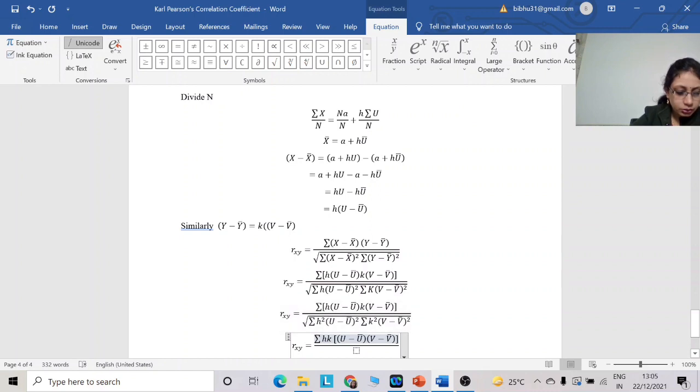Okay, so here now summation h square, summation k square, if we take the root over, it will come as hk, so I am taking that hk outside.